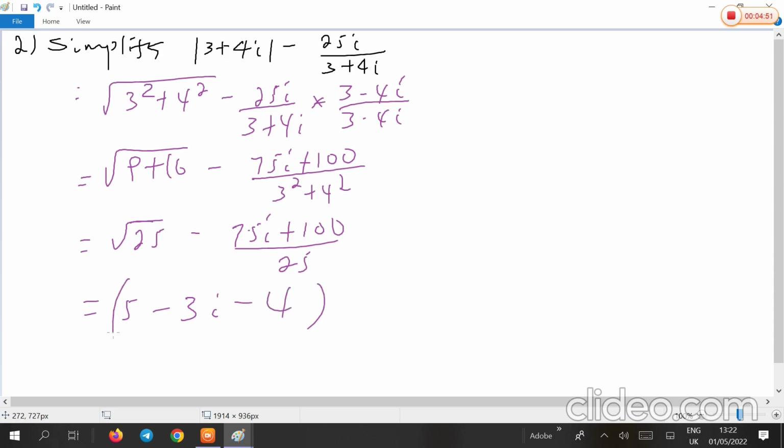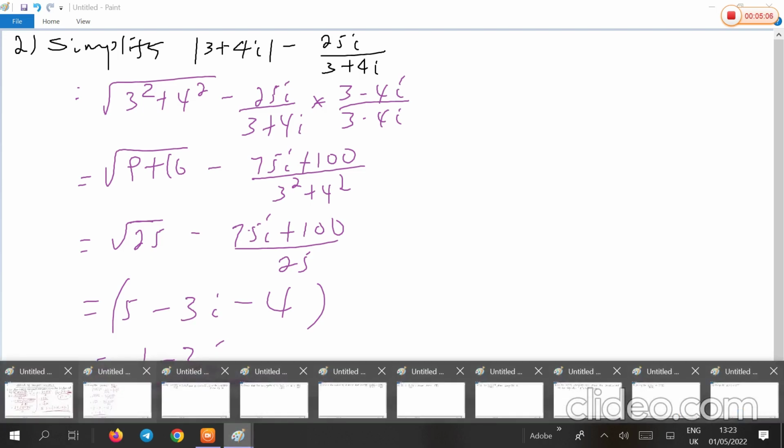So this is 1 minus 3i, since 5 and minus 4 are like terms. 5 minus 4 is 1, plus minus 3i, is the simplified form of the given complex number.